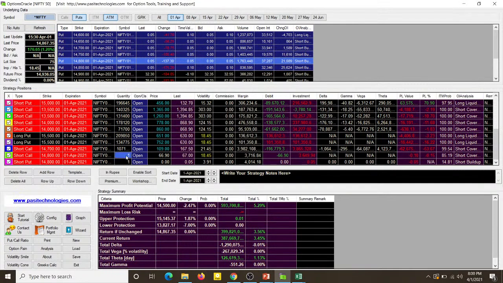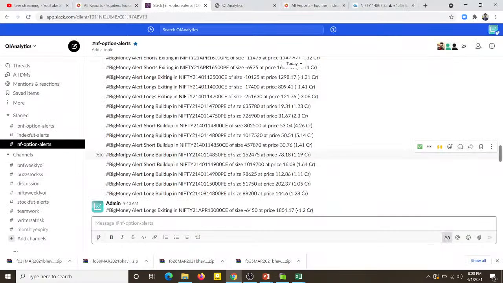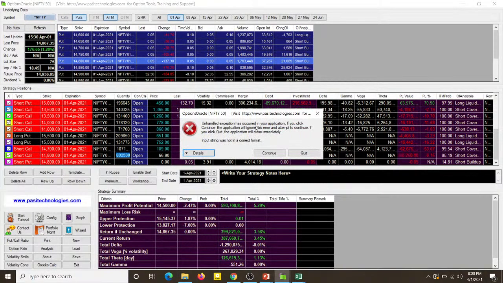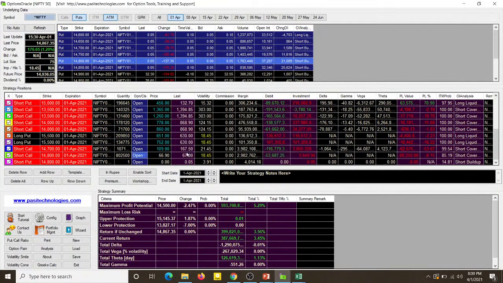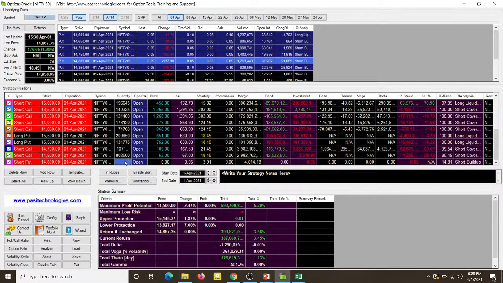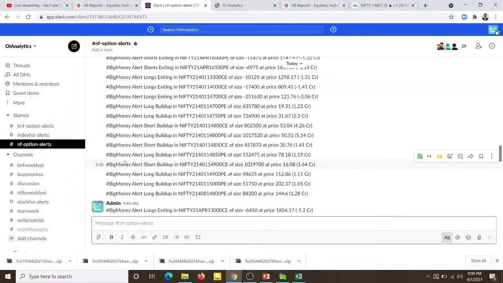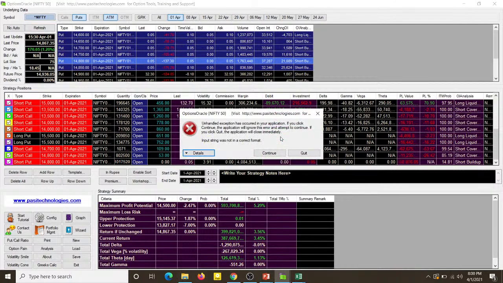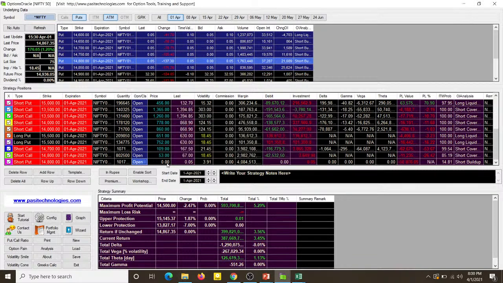Okay, and I'm going to add the quantities and prices. 802,500 at 53, correct? And 1 million at 50 rupees. Something wrong with the software. At 50, correct? Yeah.